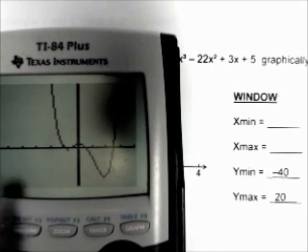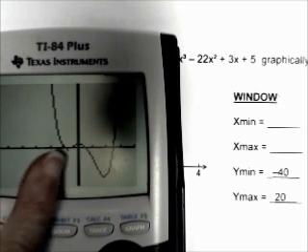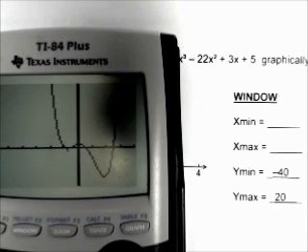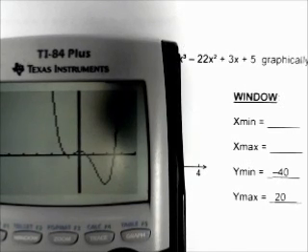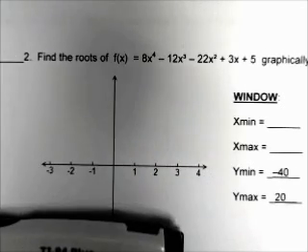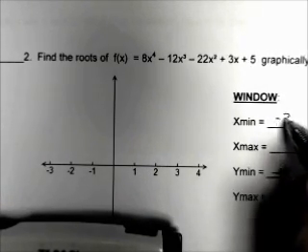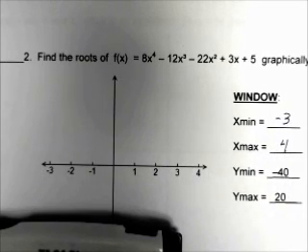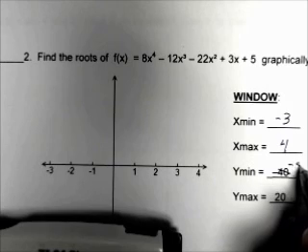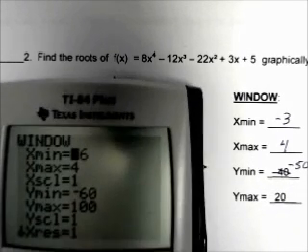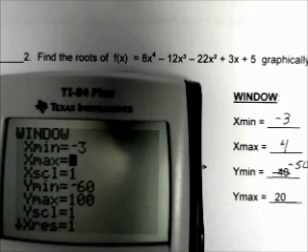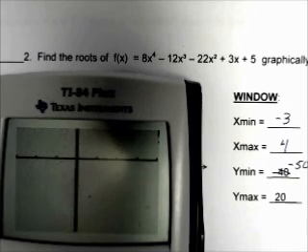Looks like we have 1, 2, 3 real roots, possibly 4. There may be 2 on the negative portion of the x-axis. Our window, our x min, -3, max 4. And the y min, I'm actually going to change that to -50 instead of -40. So -3 for x min, max 4, y min -50, max 20. Press graph.